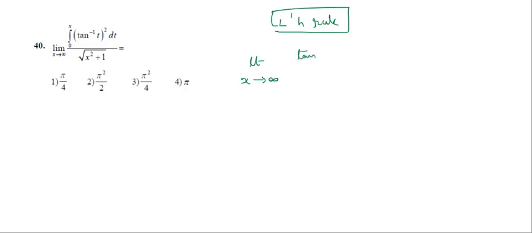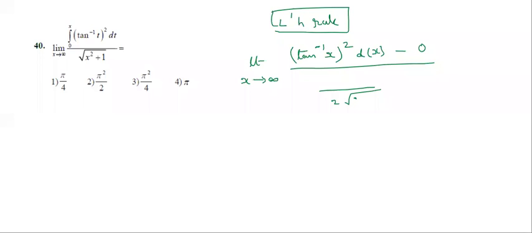Now substitute the limits: tan inverse of x whole square, derivative of x, minus tan inverse of 0 whole square, derivative of 0, divided by the denominator, root x square plus 1, do the differentiation: derivative of root is 1 by 2 root x square plus 1. And the numerator, what do we get? Internal derivative 2x, the 2s cancel.